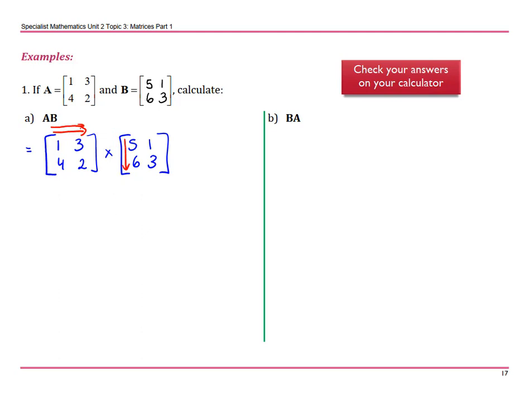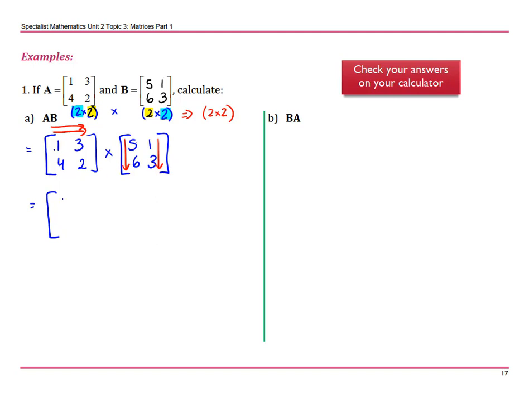Then you'll go across the row again and down the next column. You've got a 2 by 2 times a 2 by 2. So your middle numbers are the same, so it works out, and you're going to end up with a 2 by 2. It's always good to know what you're going to end up with, so you can pick up any silly mistakes you're going to make.